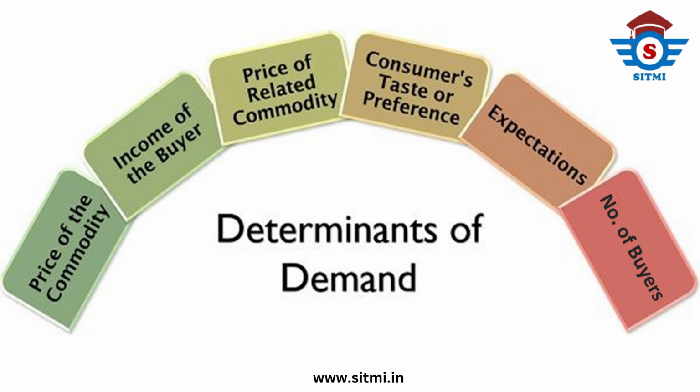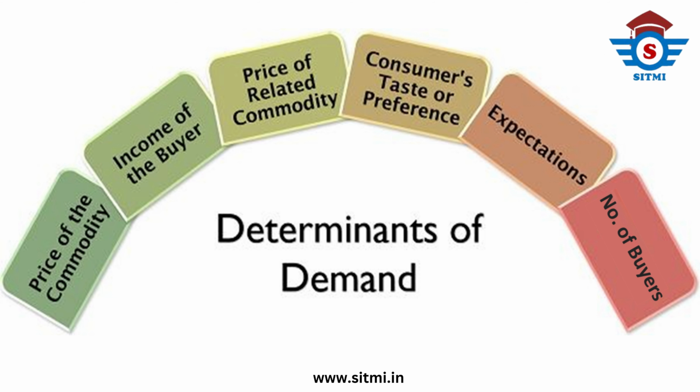First factor is price of a product, second is income of the buyer, third is price of related commodity, fourth is consumers' taste and preferences, fifth is expectations of the buyers, and sixth is number of buyers. We will talk about how these factors have a major impact on the demand, and we will also talk about certain examples around it.